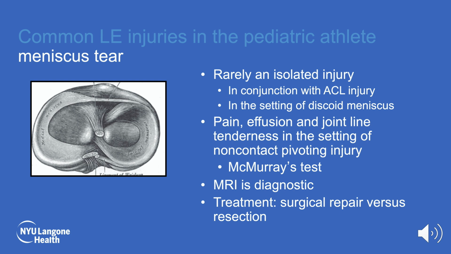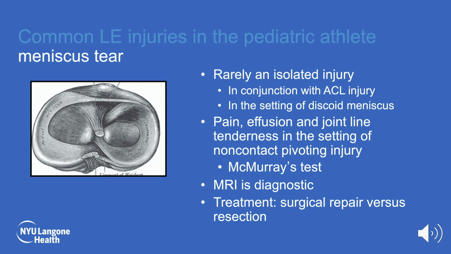And so typically they'll present with pain, effusion, and joint line tenderness in the setting of a non-contact pivoting injury, and you can do your McMurray's, your Thessaly, your test of choice. MRI is diagnostic for meniscus tear typically, and in kids we're almost always going to try to surgically repair them. Always, always, always. And if they are truly irreparable, then partial meniscectomy or removal of the tear itself.